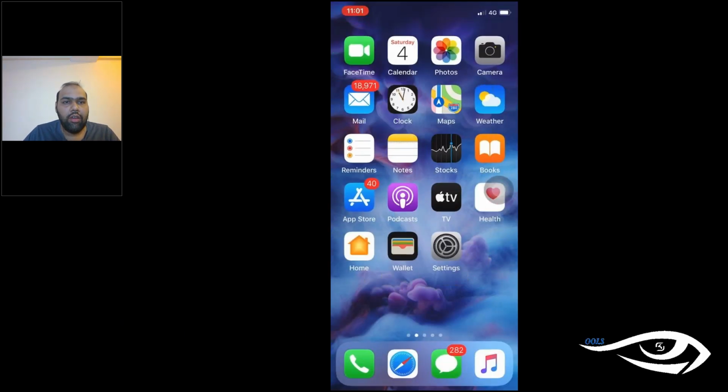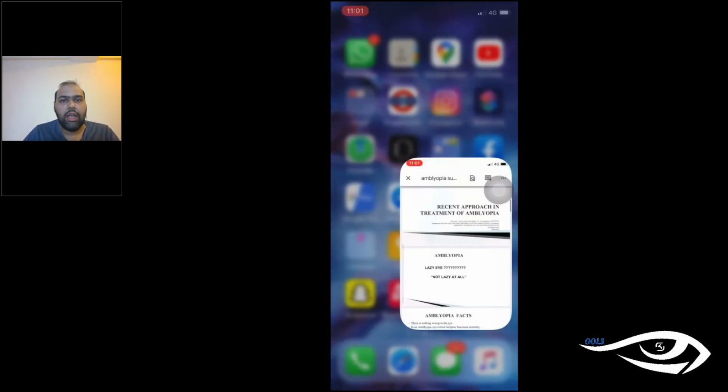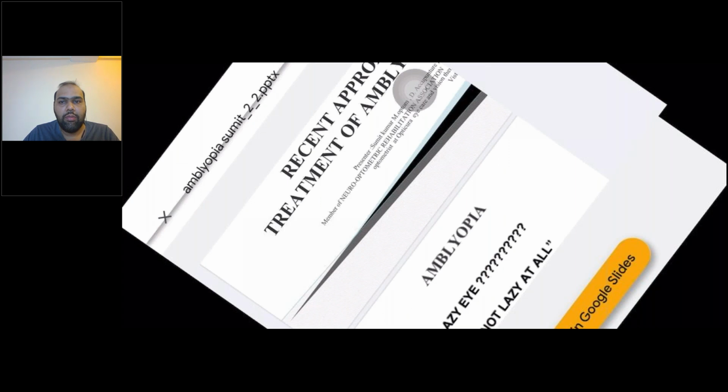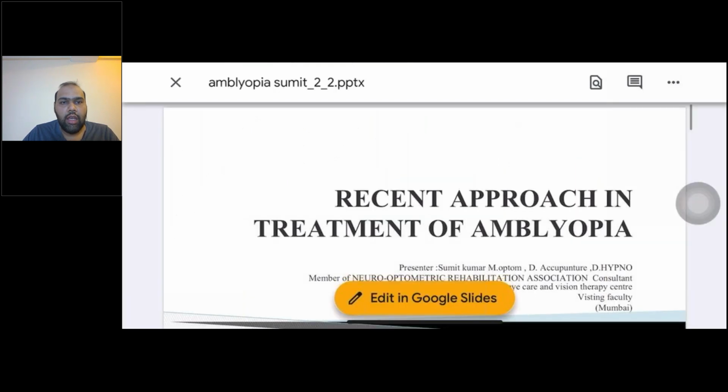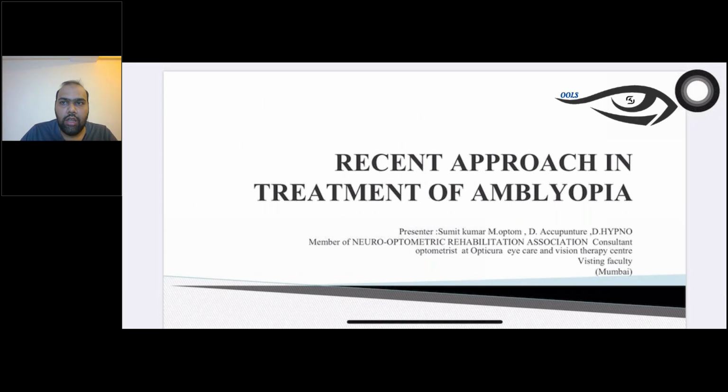Today we have Optom Sumit Kumar. He is a bachelor's degree holder from the Chitkara University in Punjab, India, and he has also earned his master's degree from the Deshbhakt University. Currently, he is a practicing optometrist. His specialization involves vision therapy and he's located in Mumbai, and he's also a visiting faculty at the ITM Institute of Health Science in Mumbai.